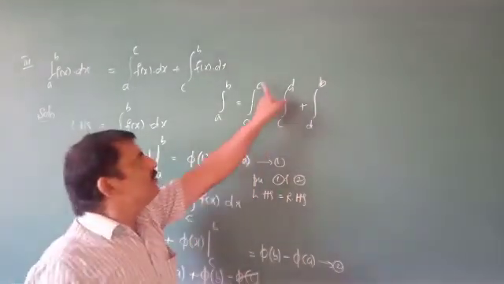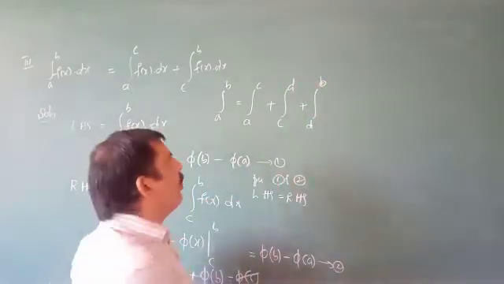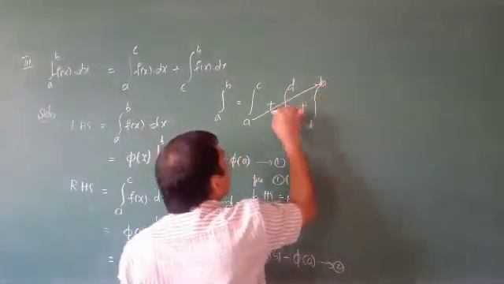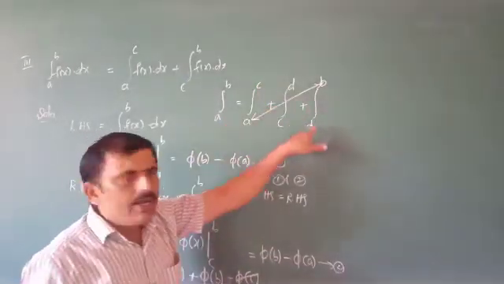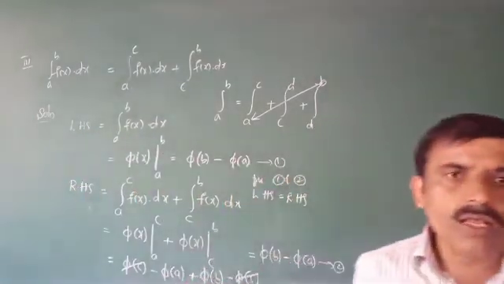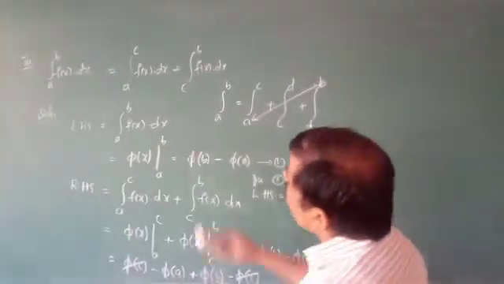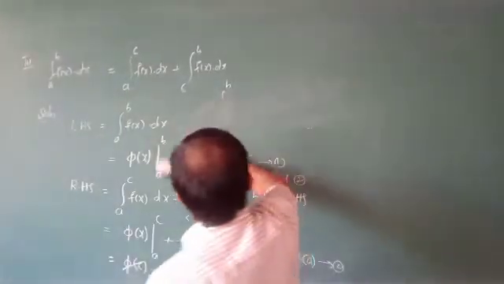So a to c plus c to d plus d to b. Between a to b, c and d lie inside, and the value does not change. So that is the third property.